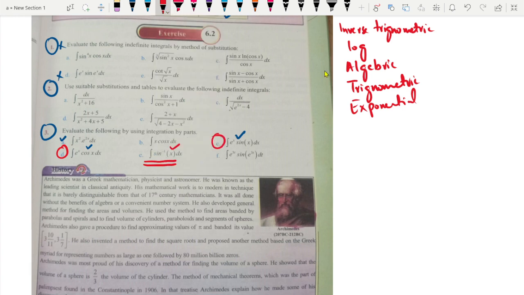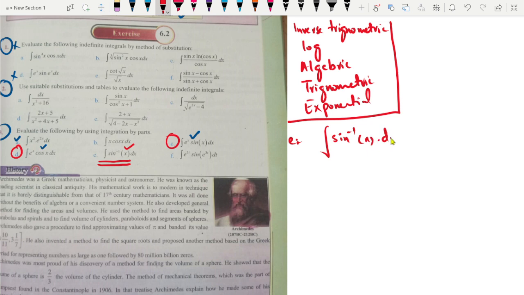There is an inverse trigonometric function present, so take it as u and take the other as dv.